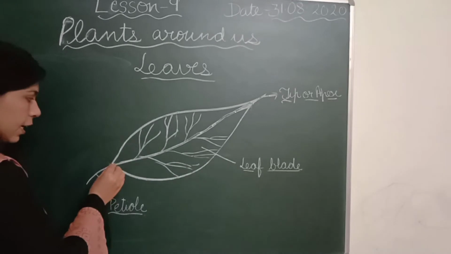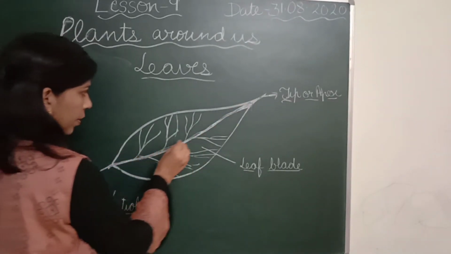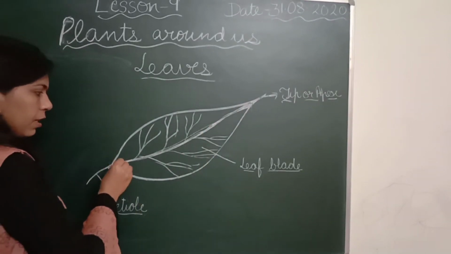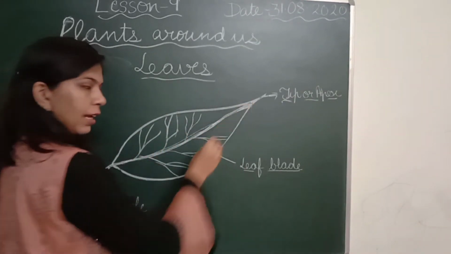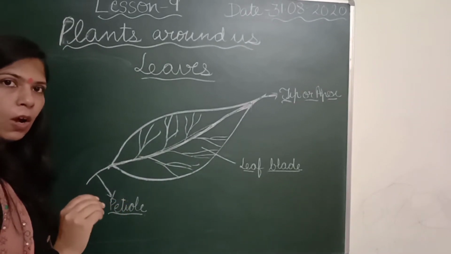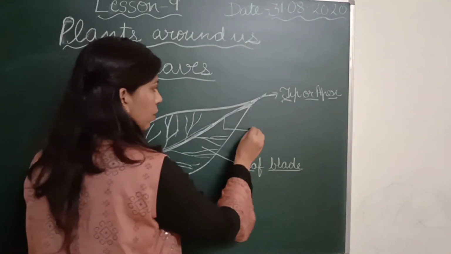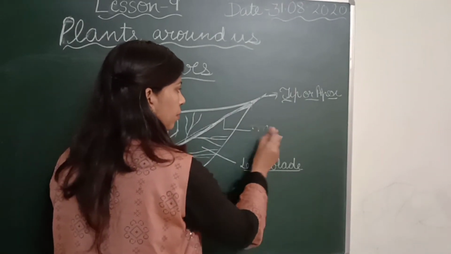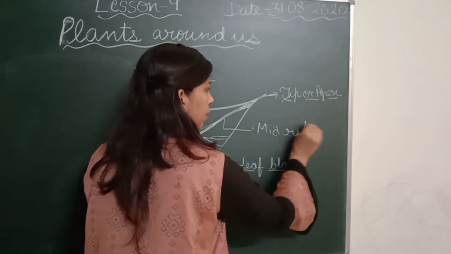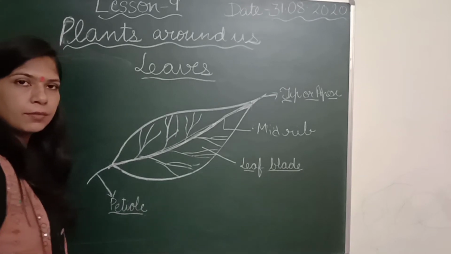Now the thin tube you can see here in the middle of the leaf, what do we call it? We call it midrib or main vein. Got it?